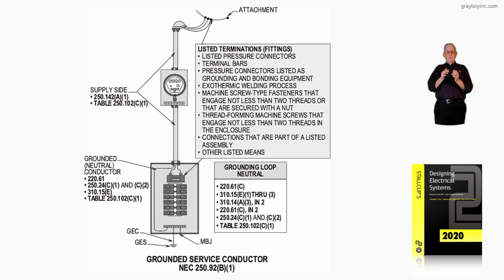Now that's what this figure 16-93 is illustrating, how the grounded service conductor can be used in accordance with NEC 250.92(B)(1) and the sections that are used to size it as an effective ground path conductor as well as a neutral conductor, and then the type fittings that could be used to terminate it. That's what this figure is illustrating.